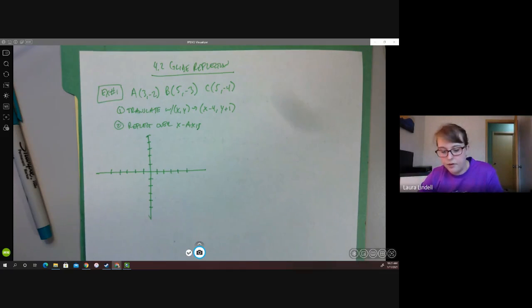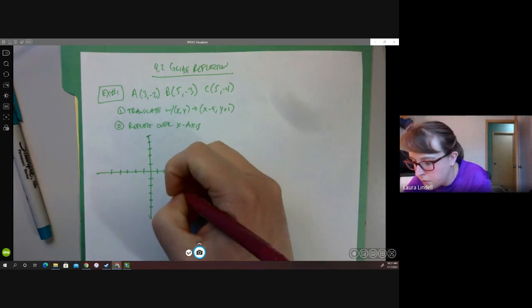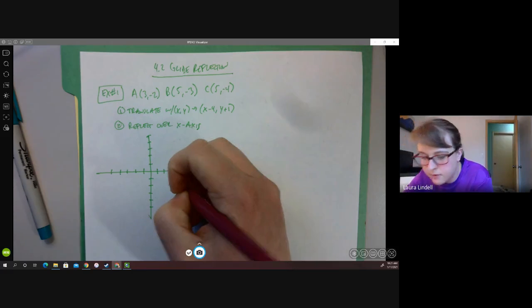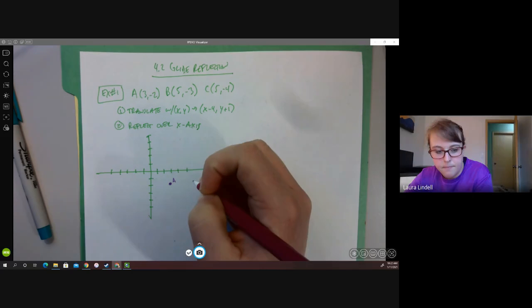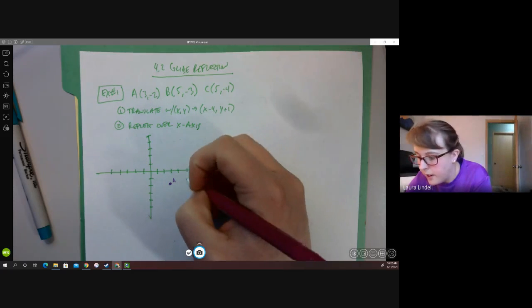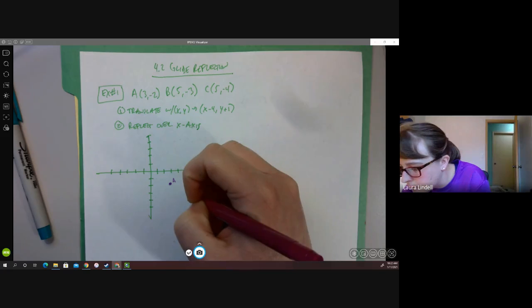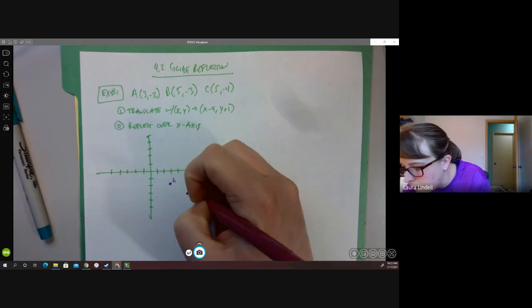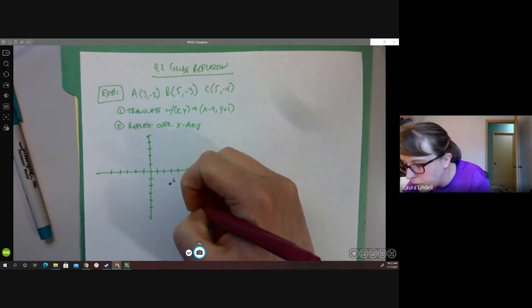And then go ahead and graph your original shape. So we have point A is over 3 down 2. Make sure you label your points. B is over 5 down 3. And C is over 5 down 4.